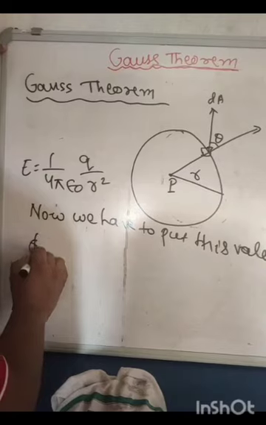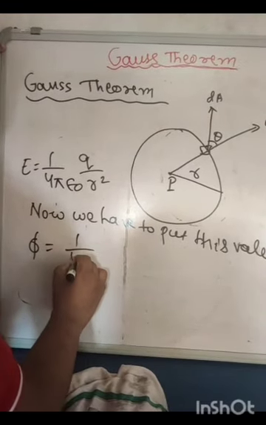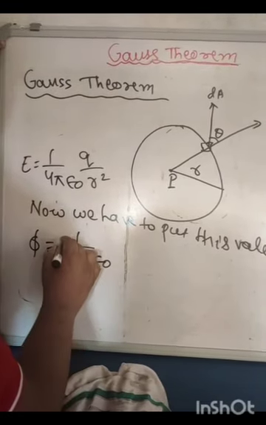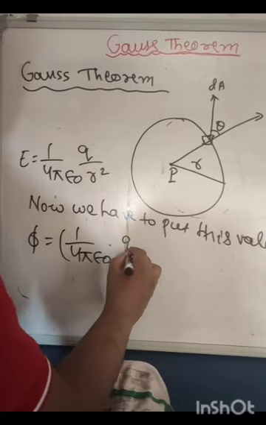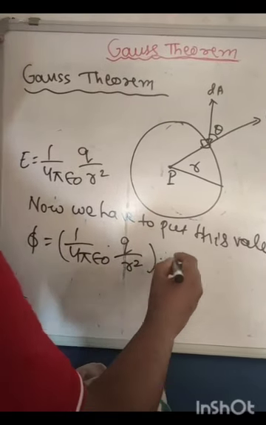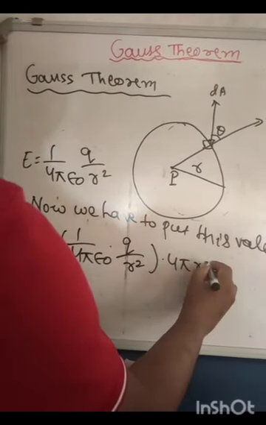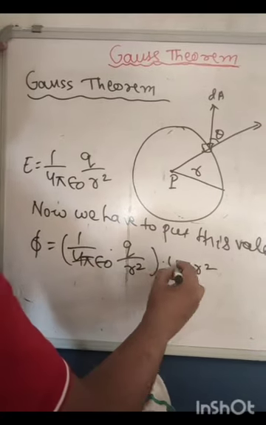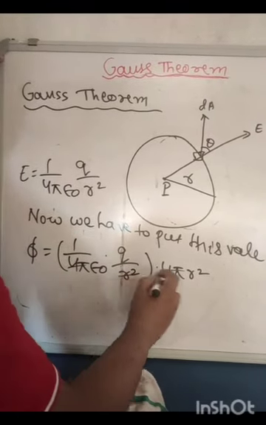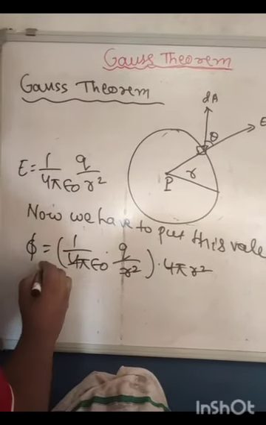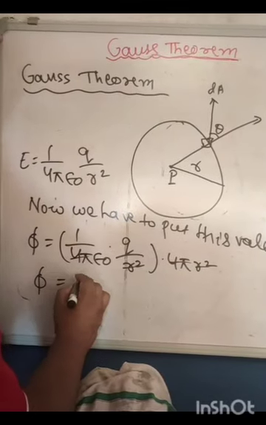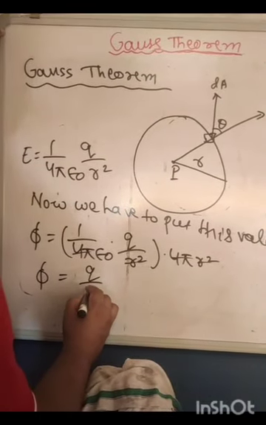Therefore phi equals 1 upon 4 pi epsilon naught Q upon r square into 4 pi r square. We cancel 4 pi with 4 pi, r square with r square. Therefore we get phi equals Q upon epsilon naught.